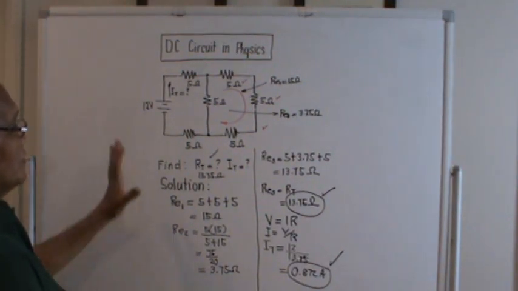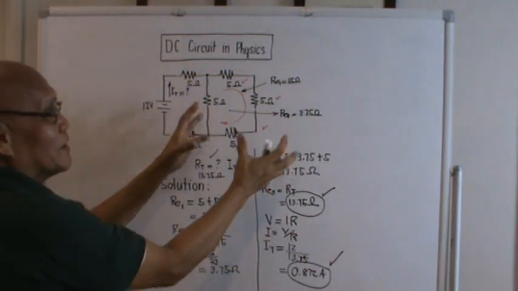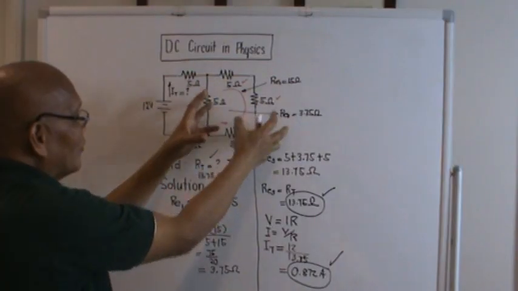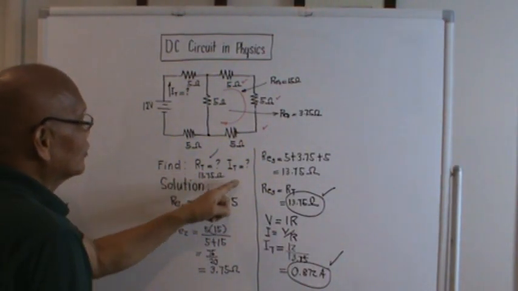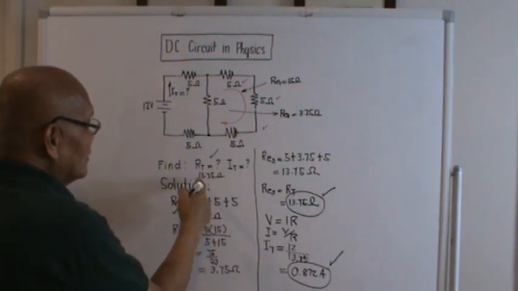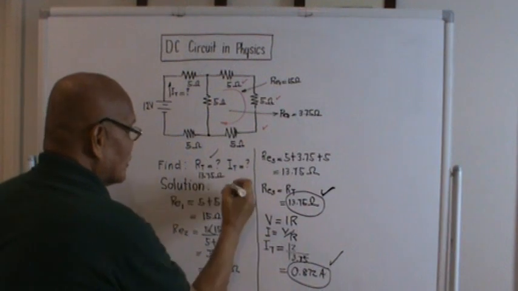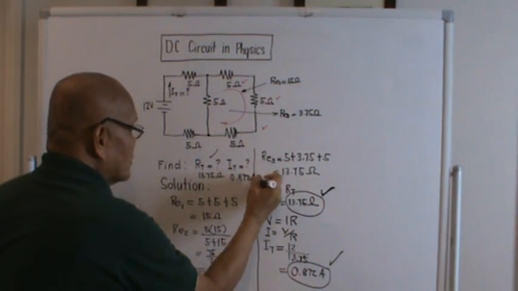Okay, that's it, guys. We are just given a simple series parallel circuit. It's all 5 ohms. The problem is asking for R total and what will be I total. Like what I said, the total resistance is 13.75 ohms and the total current is 0.872 amperes.